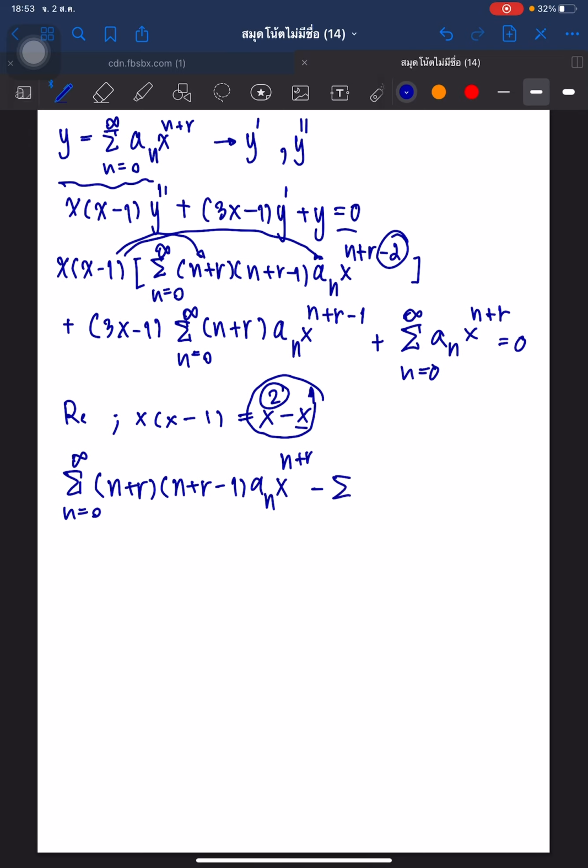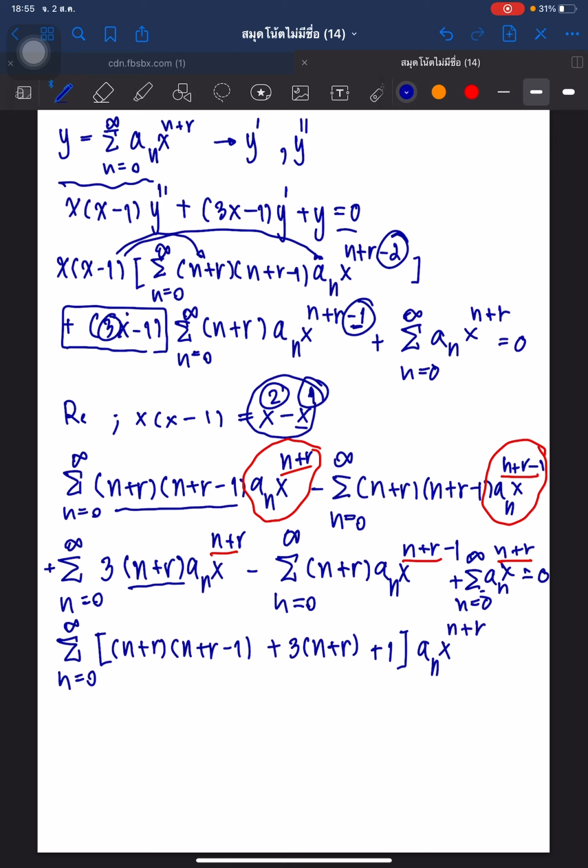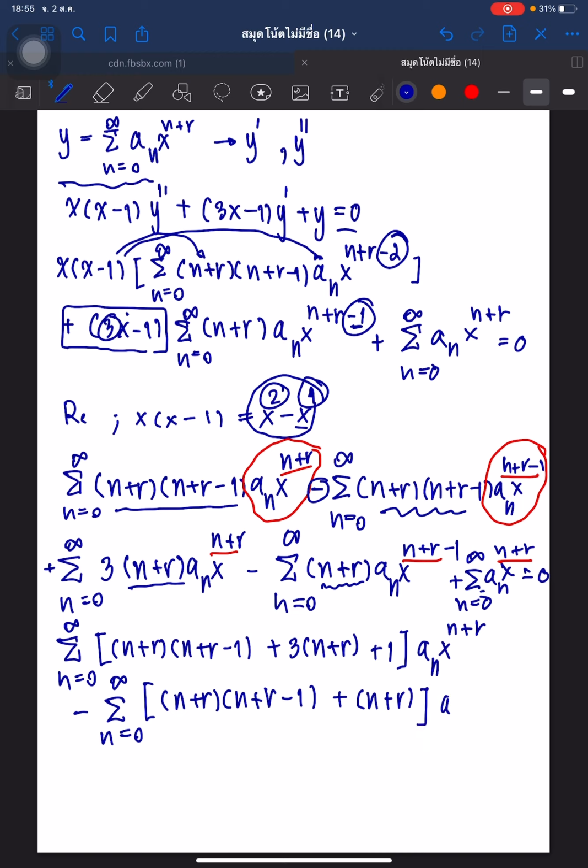We get the sum from n equals 0 to infinity in the bracket of (n plus r)(n plus r minus 1) from this, plus 3(n plus r) from this, and plus 1 from this, times a_n x to the n plus r, and the second term begins with minus the sum from n equals 0 to infinity in the big bracket of (n plus r)(n plus r minus 1) from this term plus (n plus r) from this term, out of the bracket a_n x to the n plus r minus 1 equals 0.